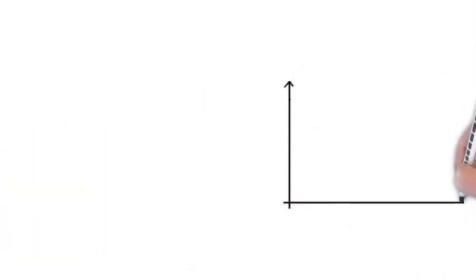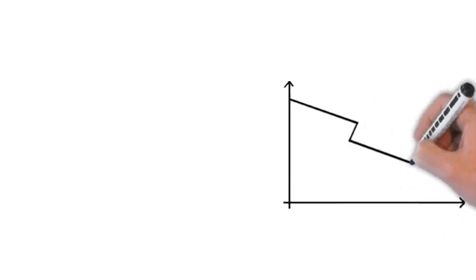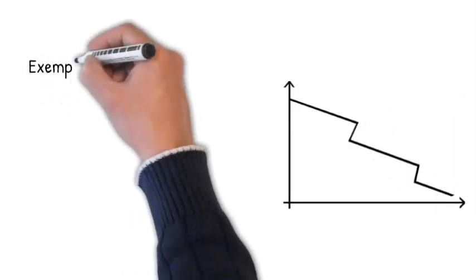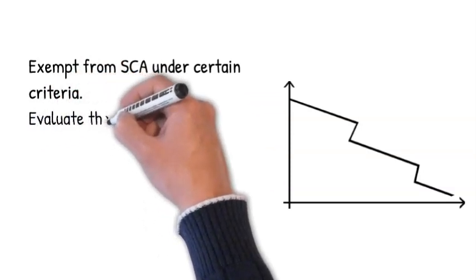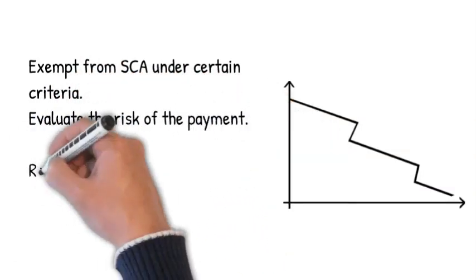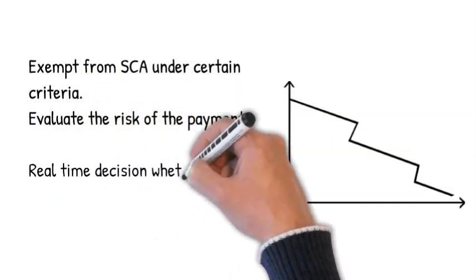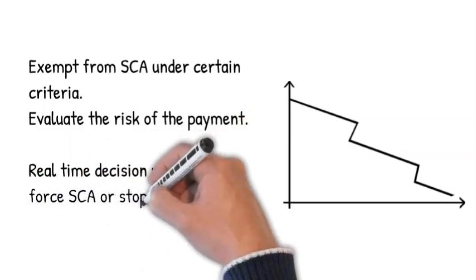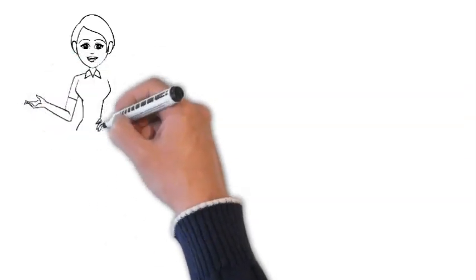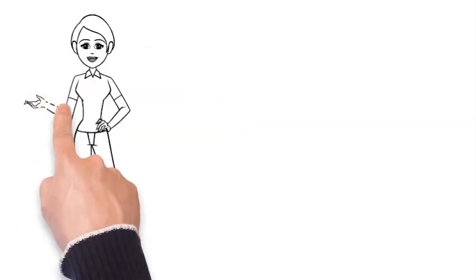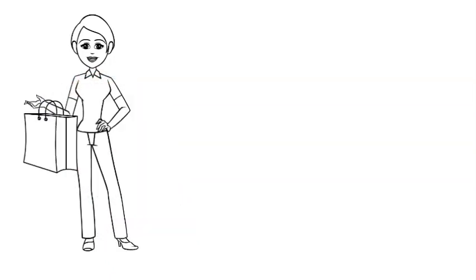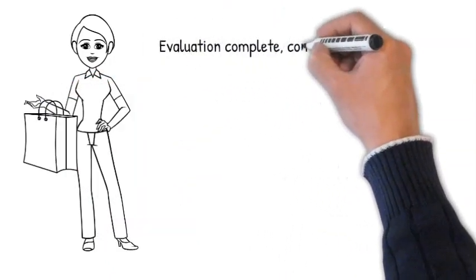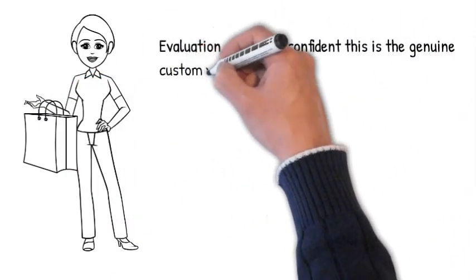To help prevent consumer frustration, PSD2 SCA allows merchants and banks to exempt the consumer from SCA, essentially stop SCA under certain criteria. For example, a consumer may frequently make online purchases from the same merchant using the same laptop or smartphone and card, meaning the likelihood of this being a fraudulent transaction is extremely low.